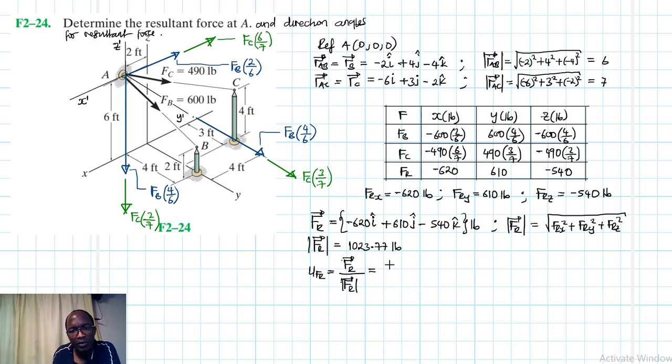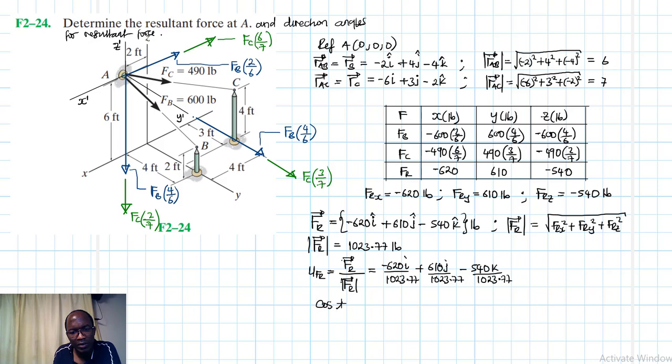This is just going to be equal to minus 620i divided by 1023.77 plus 610j divided by 1023.77 minus 540k divided by 1023.77.